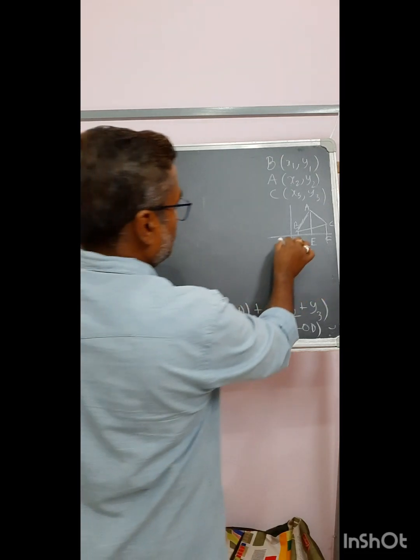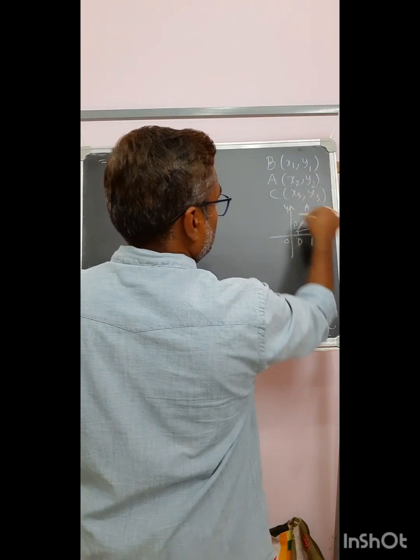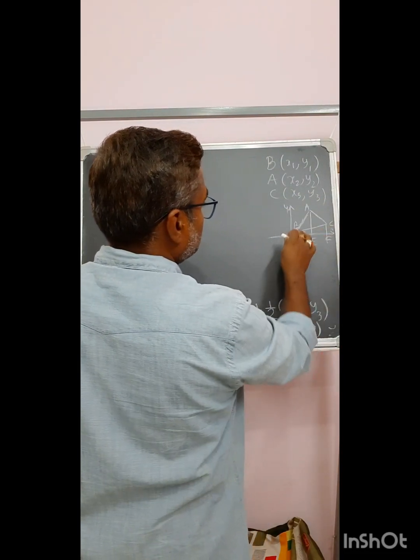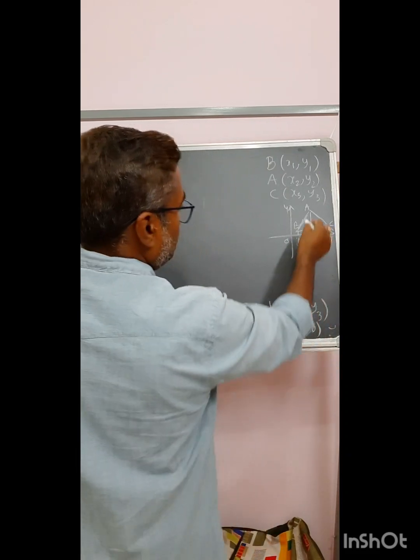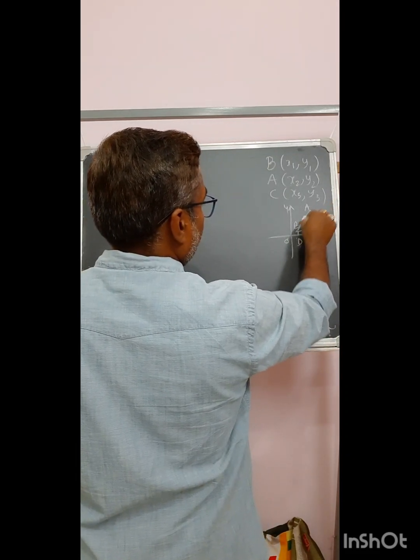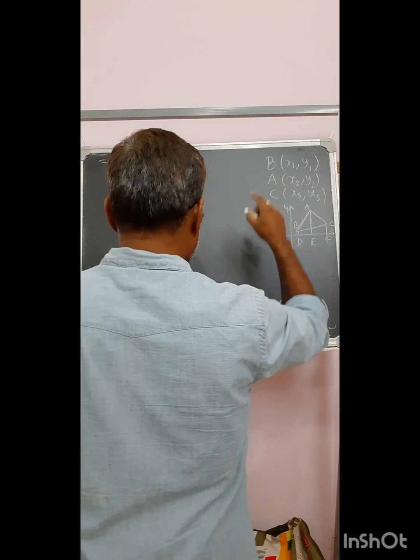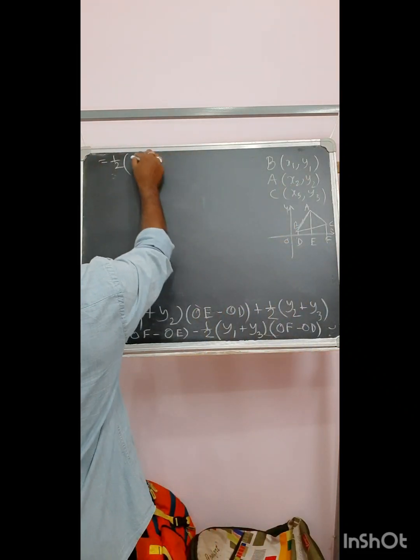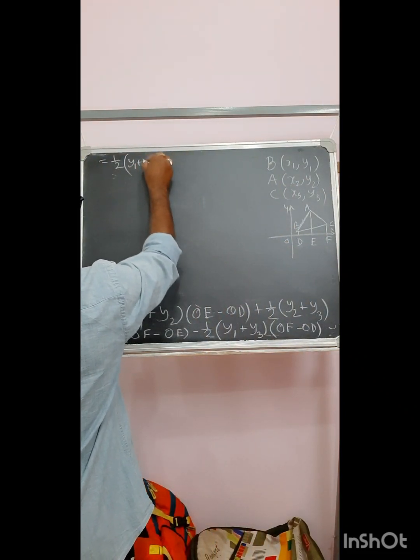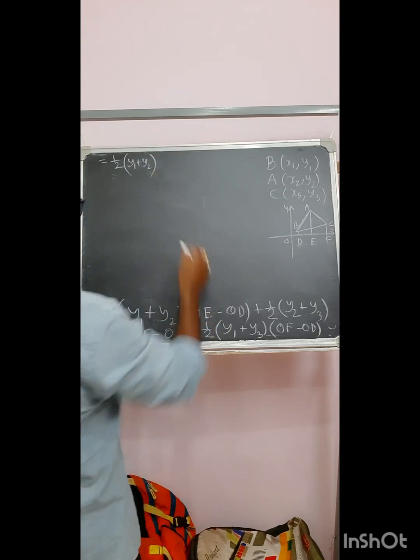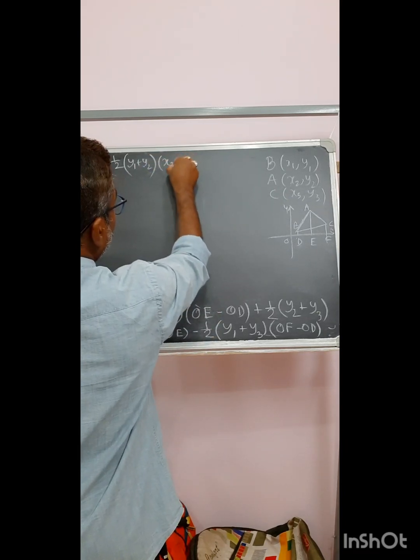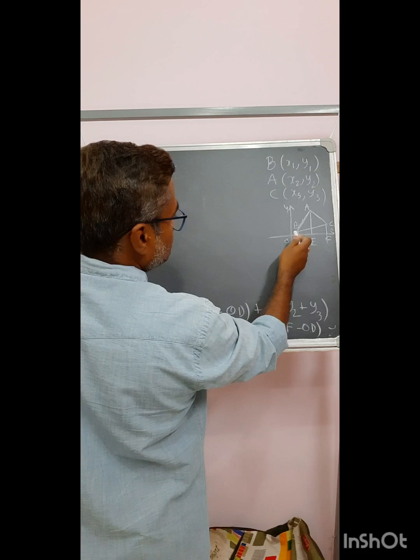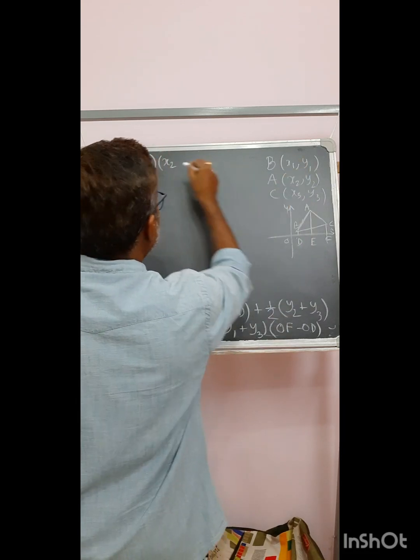Now follow this step. OE, this is O, because this is Y, this is X. So OE is the X part of A. X part of A is X2. So I am writing it here, Y1 plus Y2. OE is X2 and OD is X part of B. B is X1.